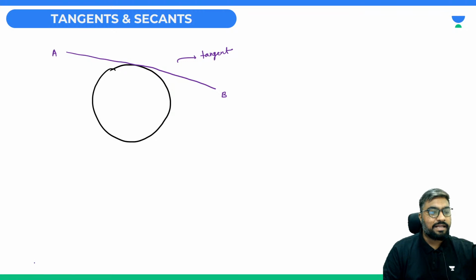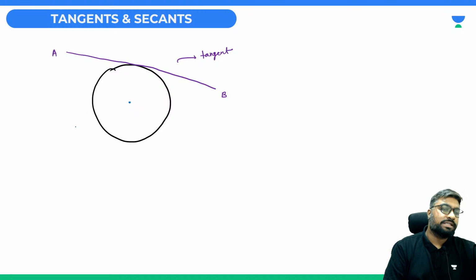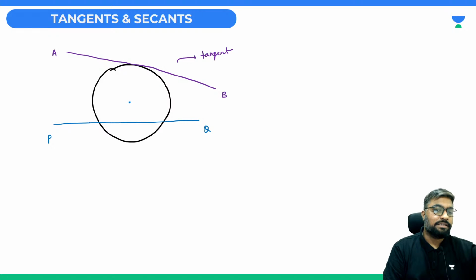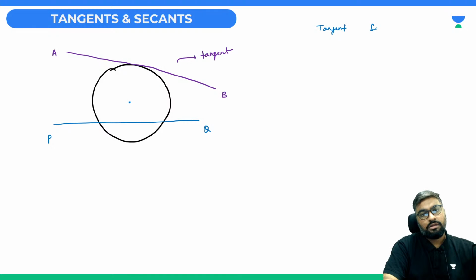And a secant is something that passes through the circle. So I can say PQ is a secant, it passes through the circle. Got it? Tangent touches the circle, secant passes through the circle.